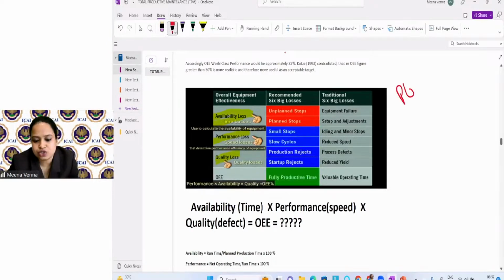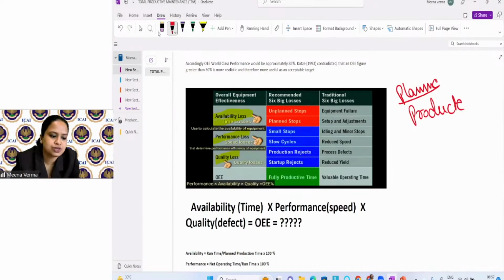So planned stoppage means what? When you want to do the production, when you want to produce the goods, you have to spend some time on what? Setup time.